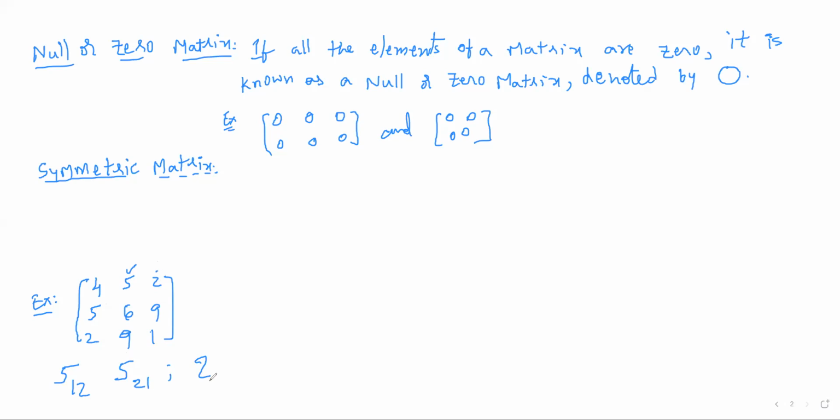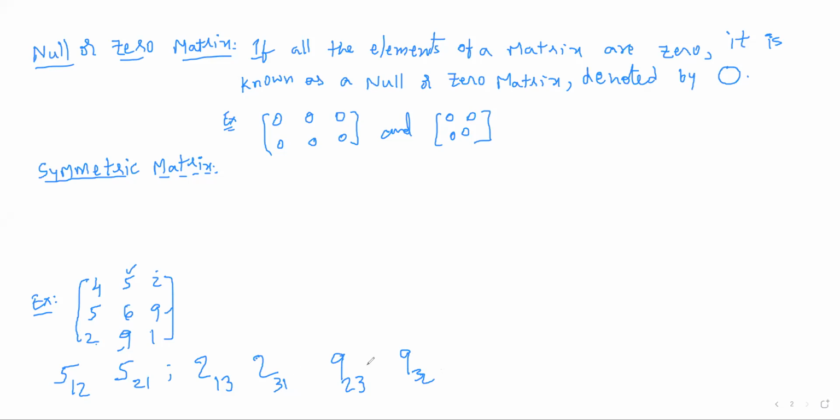First row, third column. Similarly, the position of 2 here is third row, first column. And similarly, what about 9? This 9 is at second row, third column, and this 9 is at third row, second column.